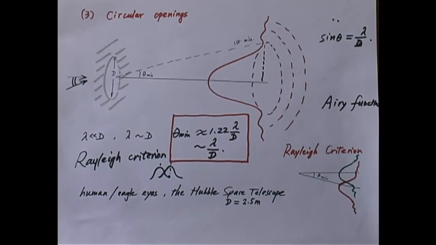Now we can look at some examples. The human eye versus the eagle eye. Eagles are predators in the sky, and in order to get what they want, they have to have sharper vision. They have to be able to see things from a far distance. In fact, they say an eagle can spot a small mouse on the ground from more than 1 mile away.